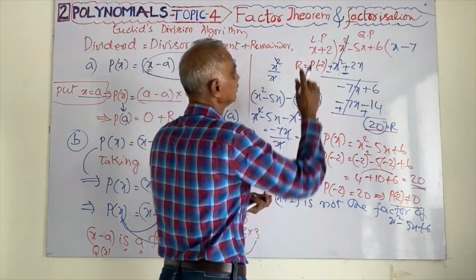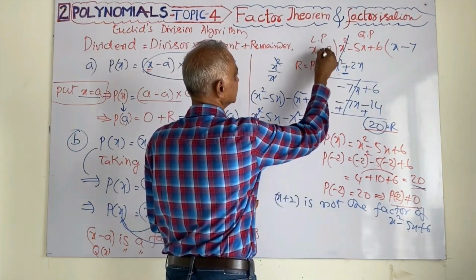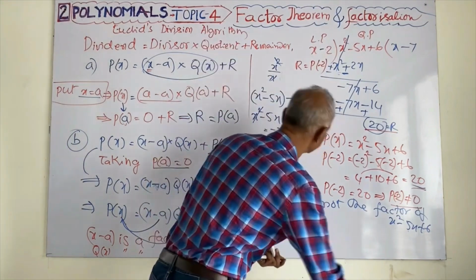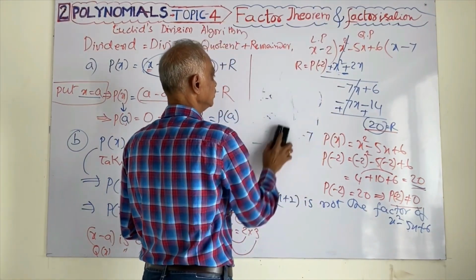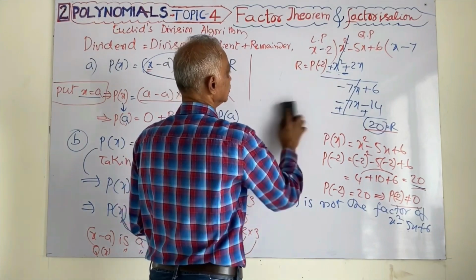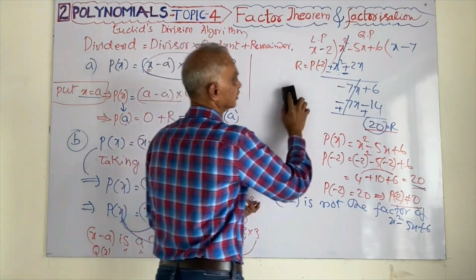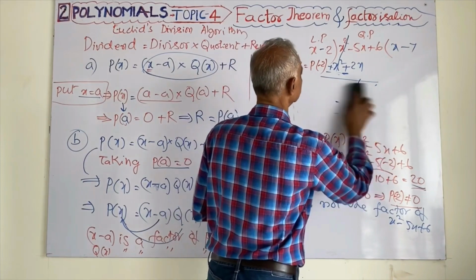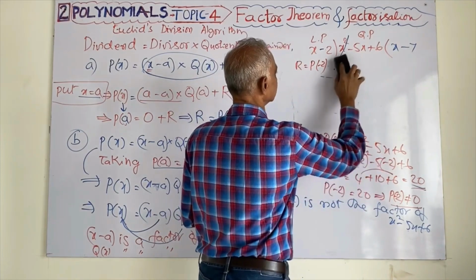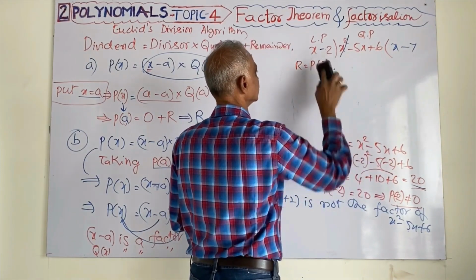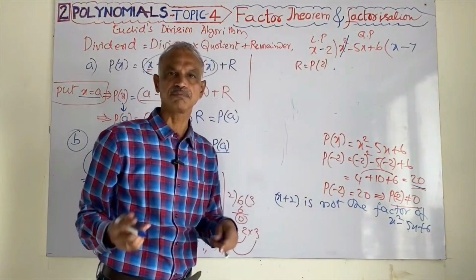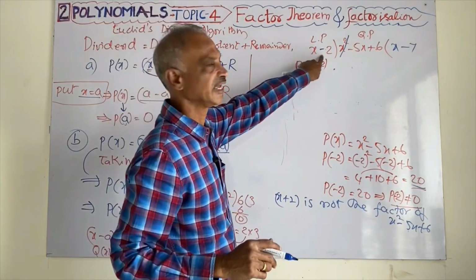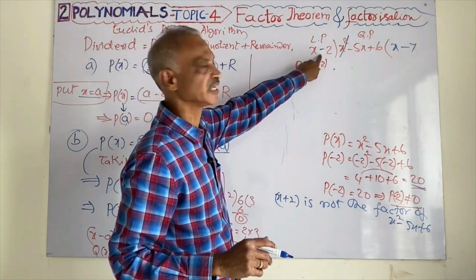I will divide it with x minus 2 here. I will rub this one. Same example I will take. I am taking the same example, but instead of x plus 2, I changed it to x minus 2.